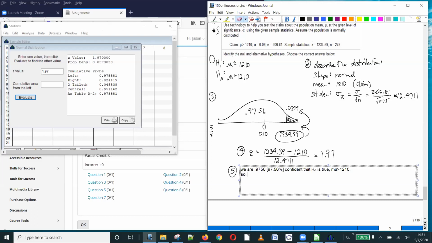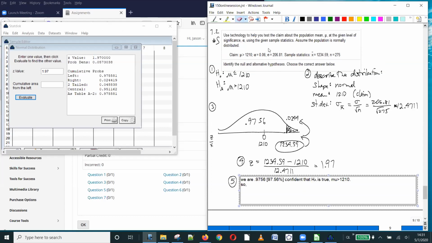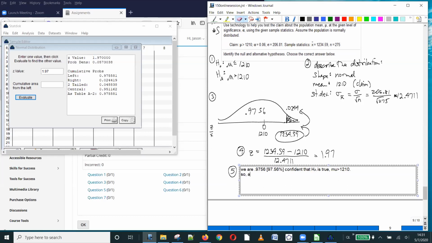So now let's go back to what the actual question is asking. The actual question is asking, what can we conclude at a significance level of 0.06? So at significance 0.06, and remember, the way I like to think about this is that 0.06 significance is the same as asking for 0.94 confidence.